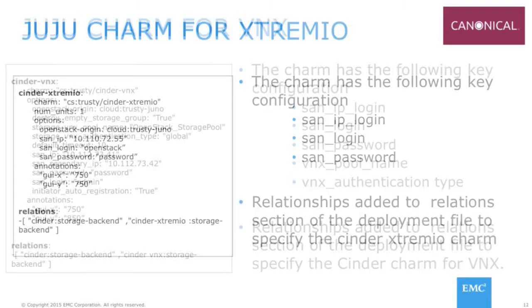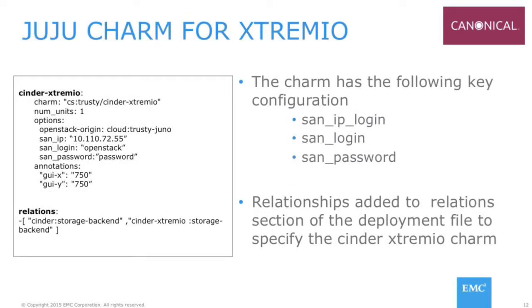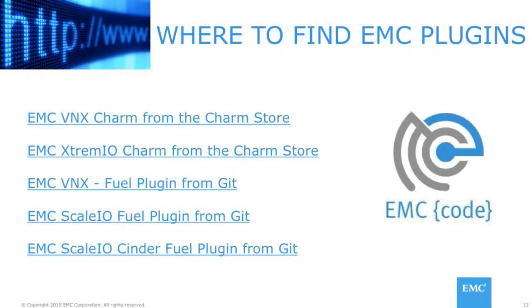And we also can do this, of course, with other arrays like our all-flash array or XTREMIO. Again, we're trying to make this as easy as possible so that you're not futzing around with individual configuration options in cinder.conf after you've already had this wonderful automated deployment with JUJU and MAAS. All of these things are really available today, and it's work in progress.